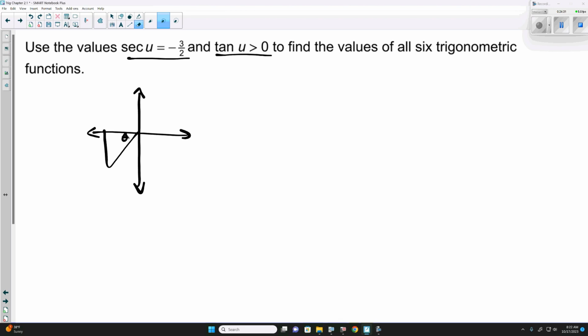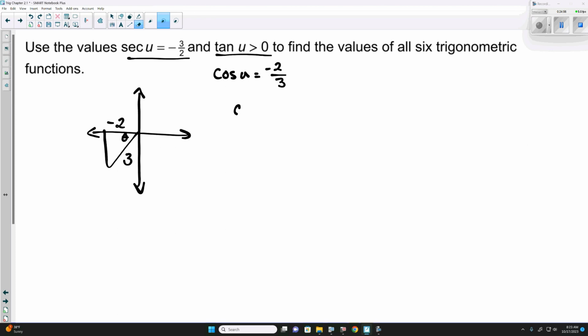Secant of u, well, really, as we saw already, told us cosine of u is -2/3. Adjacent, -2 over the hypotenuse is 3. We know because we're in the third quadrant that the x-axis is negative, so the negative goes with that side. And the hypotenuse is 3.